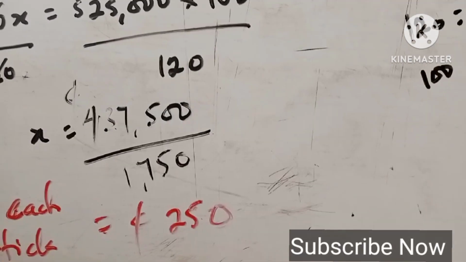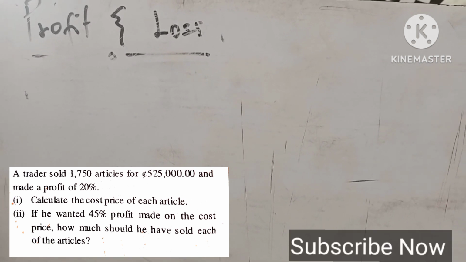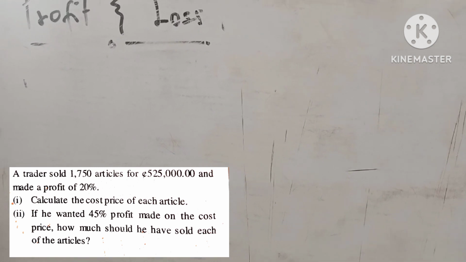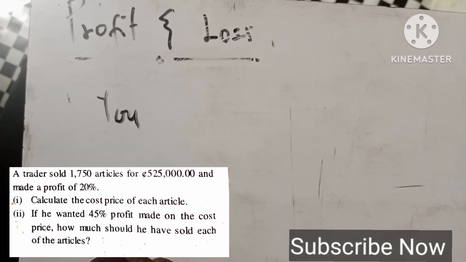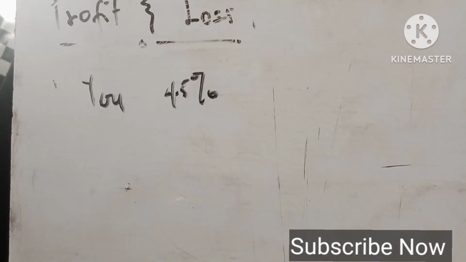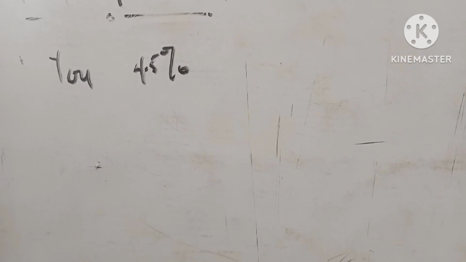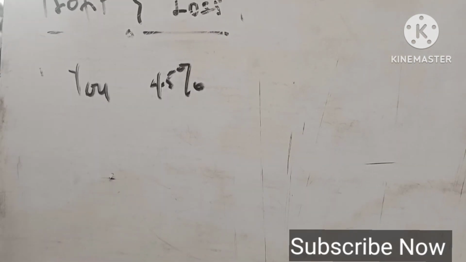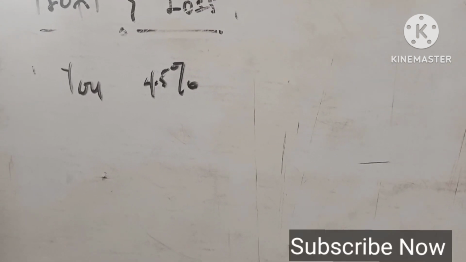Now the second part of the question says that if he wanted a 45% profit made on the cost price, so let's replace he by you, if you wanted 45% profit on the cost price of the item, here is the final part: how much should you have sold each of the article?